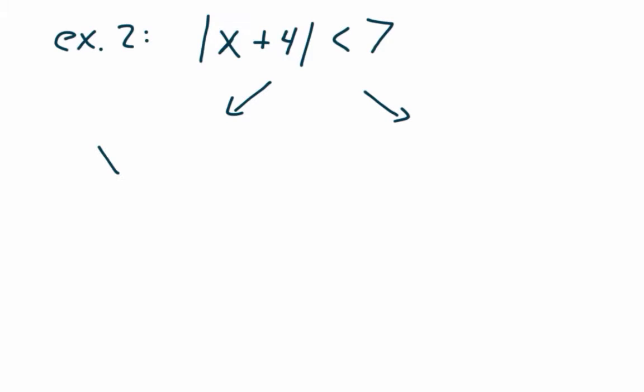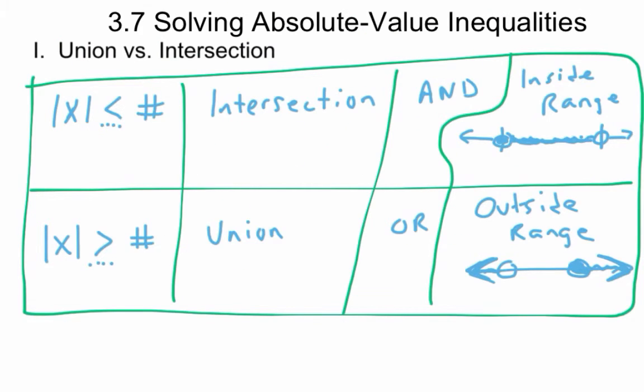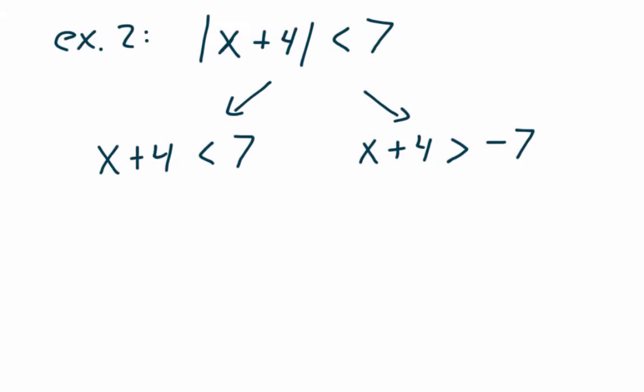So I'm going to say my x plus 4 could be less than 7. That's the one that we kept the same. It's a positive 7. Then our other option is x plus 4, but now we need to flip the sign to a greater than because we're saying it's a negative 7. And if you go back to the chart we did at the very beginning, we have one of these less than signs, so now it's going to be an "and" in between those.